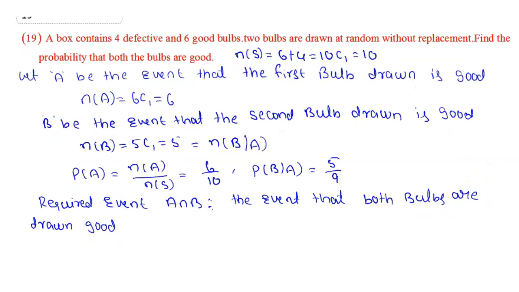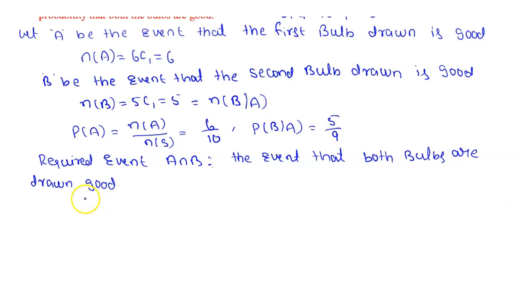So here P of A intersection B is equal to, by the multiplication theorem, P of A into P of B given A. P of A is 6 by 10, into P of B given A, 5 by 9.